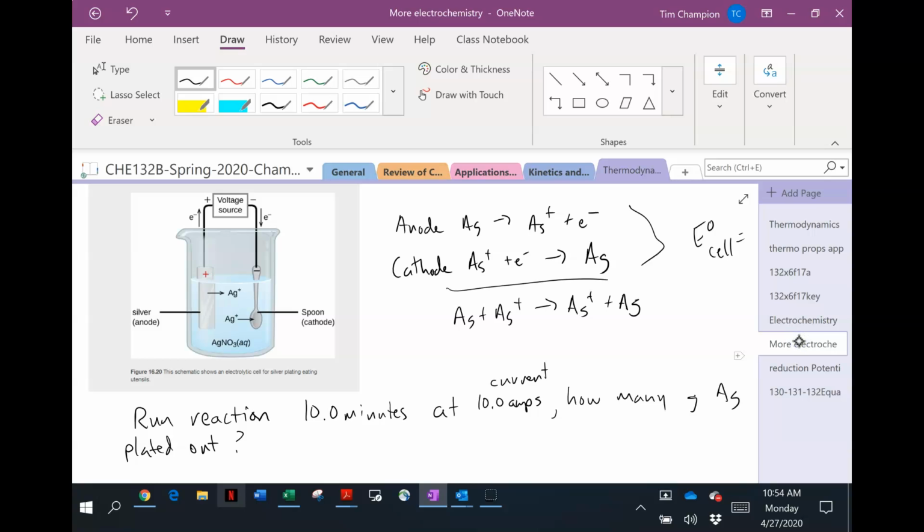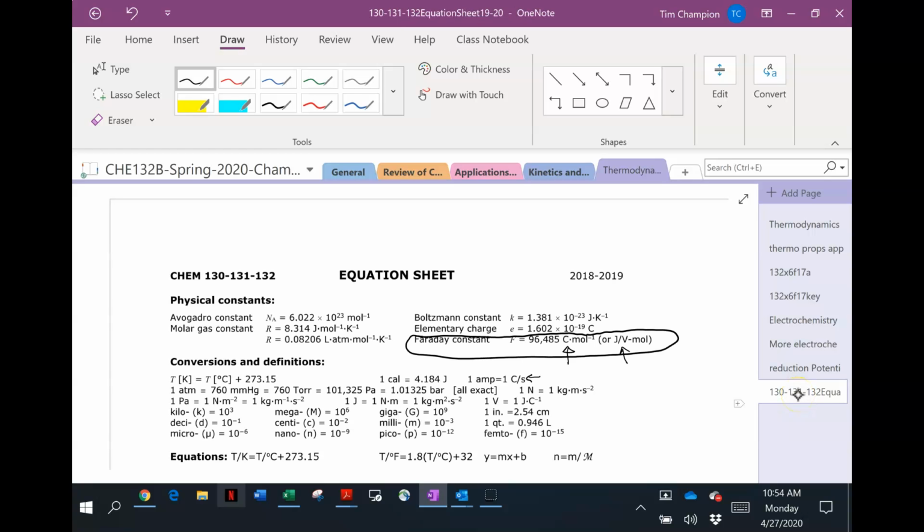So I can go back up here and say this is 10.0 coulombs per second. Coulombs are units of charge. And then we have in the Faraday constant a conversion factor between moles of electrons and coulombs. So 1 mole of electrons is 96,485 coulombs.